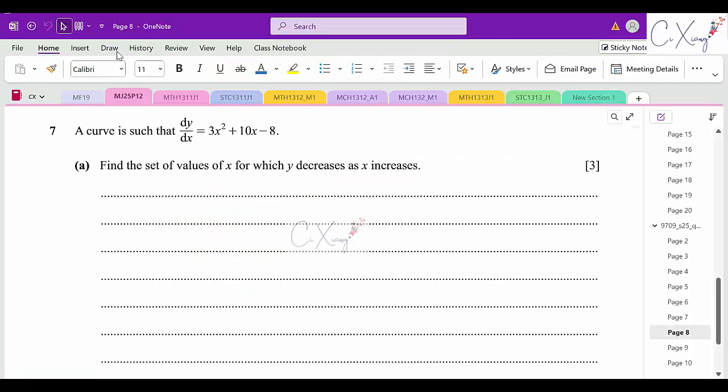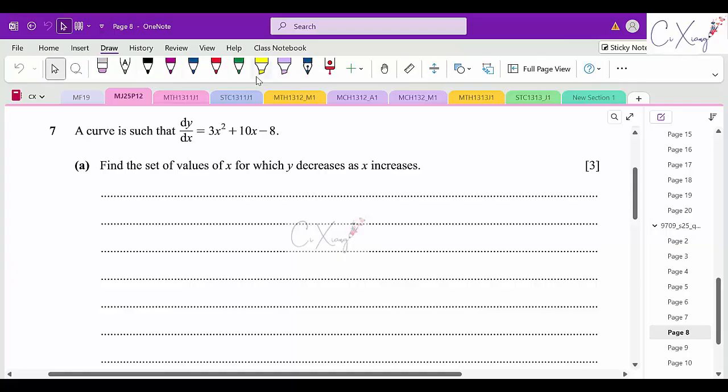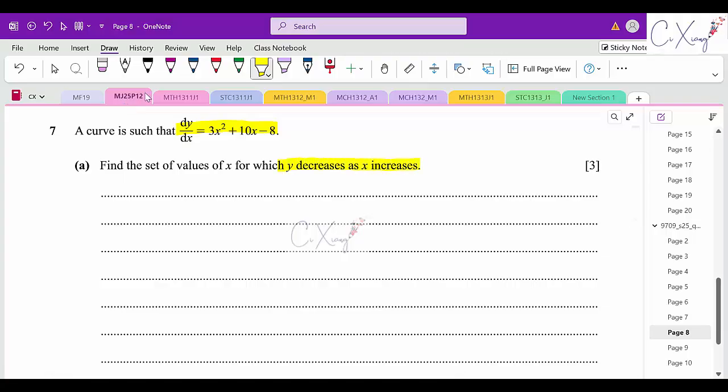Alright, so question number 7. We are given the curve with the information of dy/dx equals this equation. Find the set of values of x when y decreases as x increases. When you are talking about y decreasing when x is increased, that means the function is decreasing.